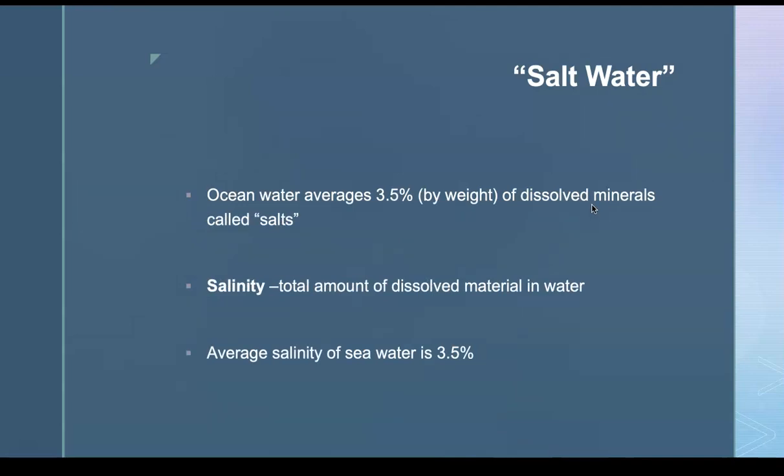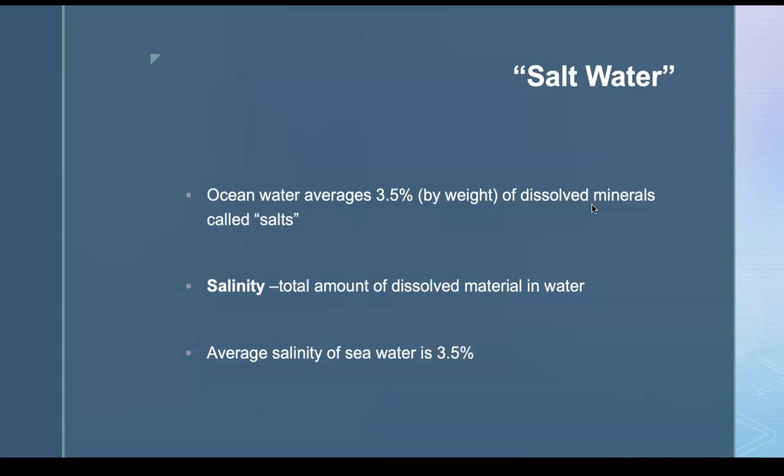About 3.5% of the weight, the mass of a gallon of water, let's say, if it were ocean water, would be dissolved solids. So in other words, not just hydrogens and oxygens, what makes up water, but water plus some stuff. And that's what we talk about as the salinity, the total amount of dissolved material in water.